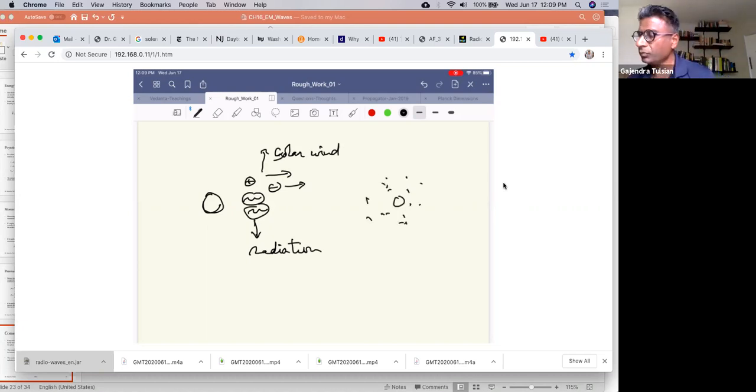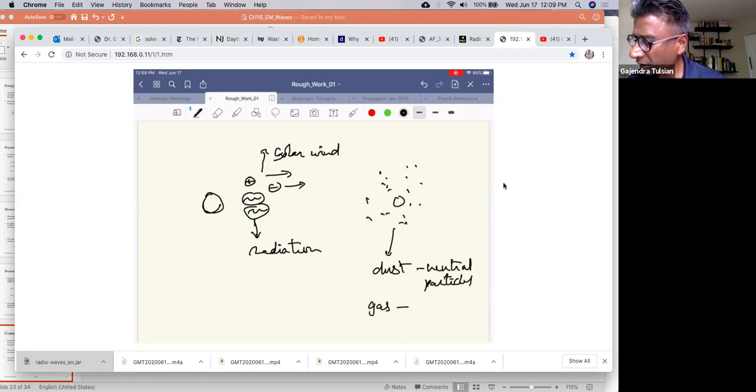This has dust, which is neutral particles, and gas, which is ionized gas.